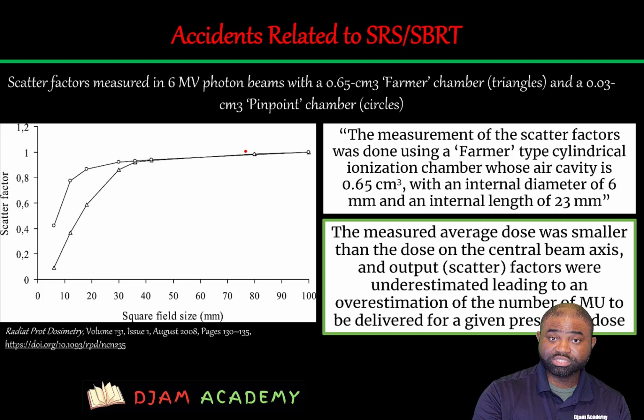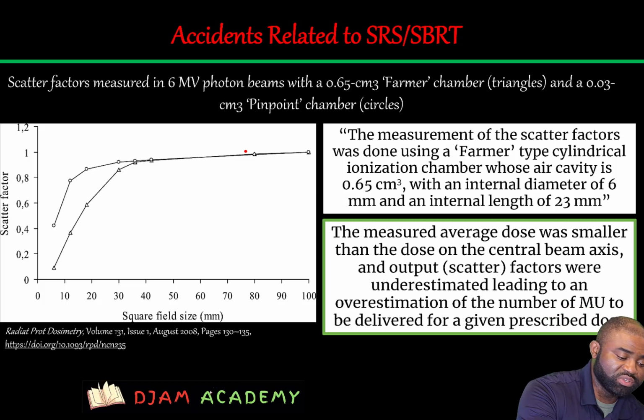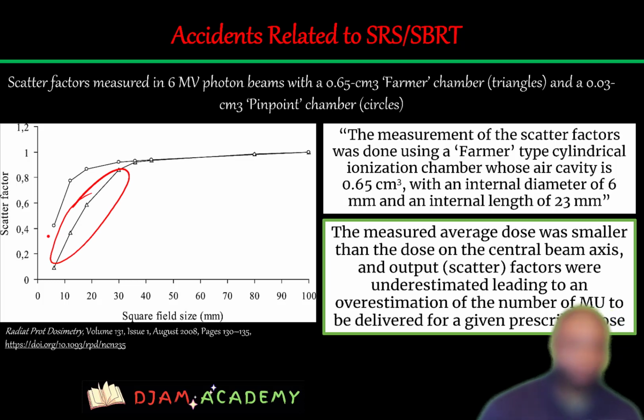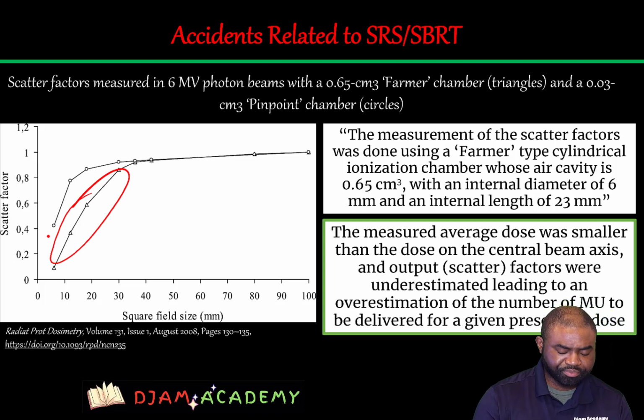Using the wrong detector size to measure output factors underestimates the output factors, as you can clearly see on the graph right here, where the Farmer chamber was used to measure the output factors.